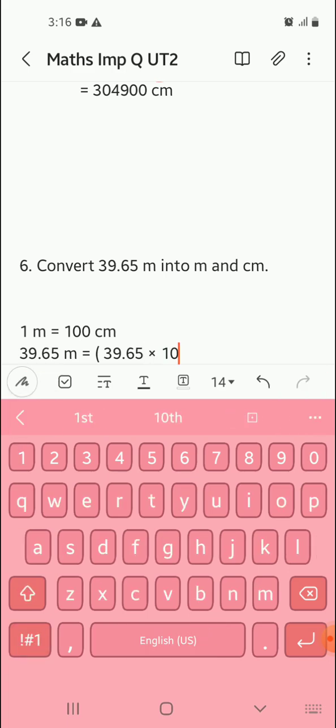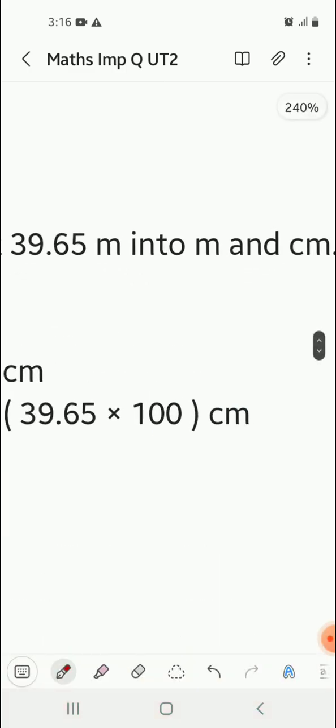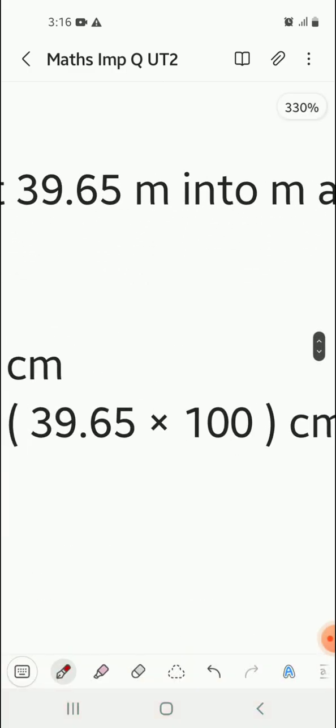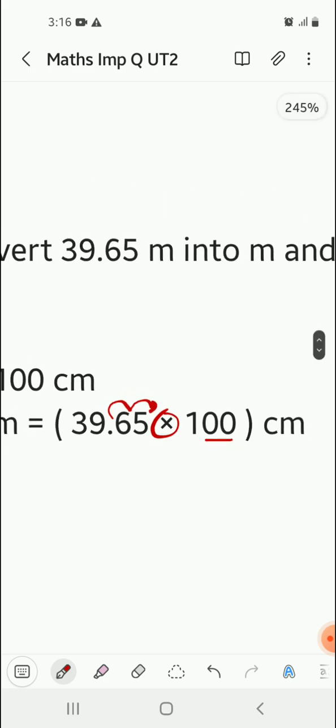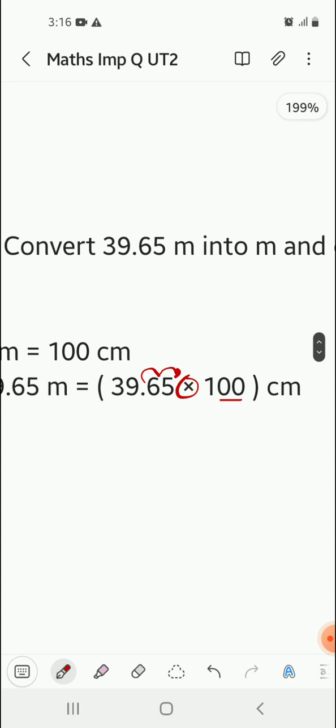So my answer will be converted to centimeter in this manner. Again, simple step, multiplied by zeros. Because it's multiplication and there are 2 zeros, the decimal point shifts once, twice to the right. So my answer becomes 39.65.